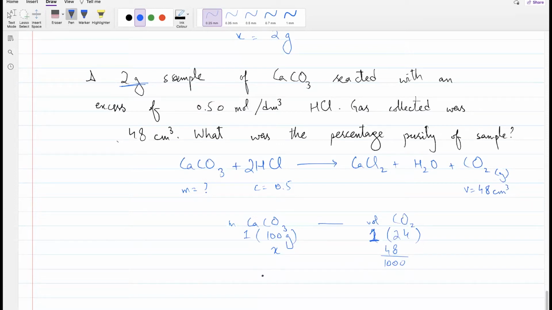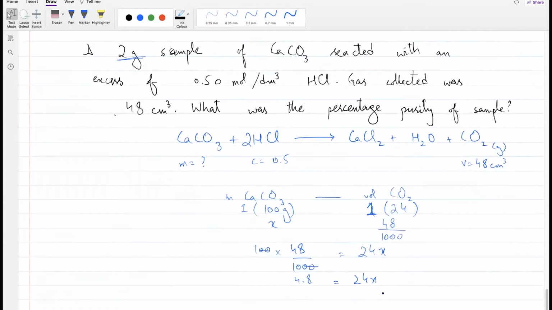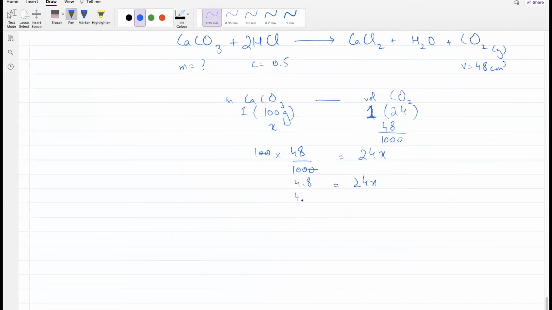Okay, so we solve this. Cross multiply: 100 times 48 over 1000 equals 24x. So this cancels out. We have 4.8 equals 24x. So when we divide it, 4.8 over 24, that is equal to what?